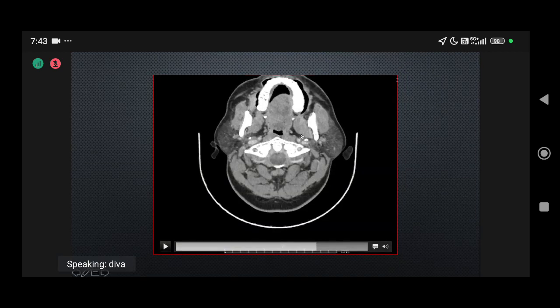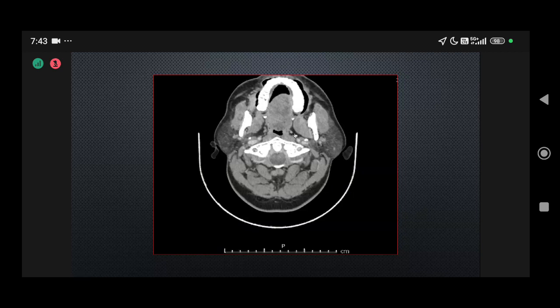The parapharyngeal space is the crescent shaped space which you can see here, which is abundantly made up of fat. Fat appears hypodense on CT scan and hyperintense, that is bright, on T1 and T2 weighted MRI.